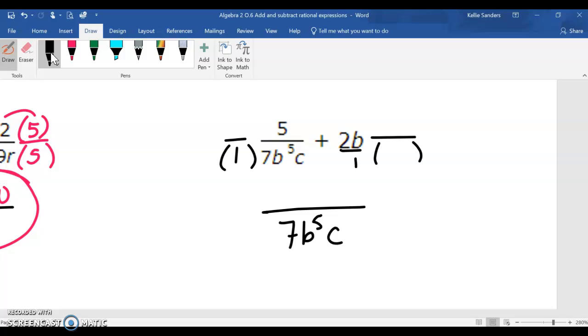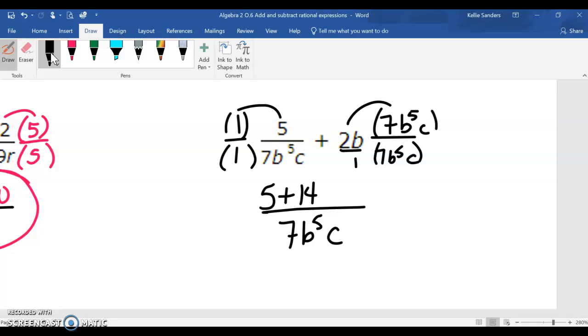And this would need to be 7b to the 5c. 1 times 5 is 5. 2 times 7 is 14. We had b to the 5, and we're putting another b with it. So that's going to be b to the 6 and c.